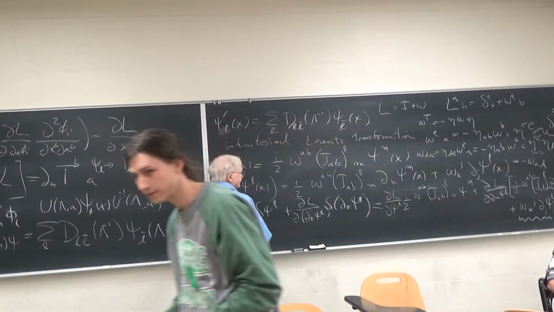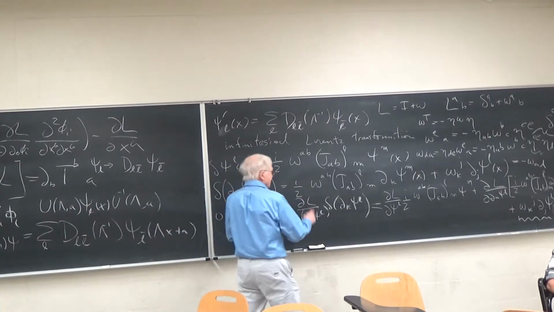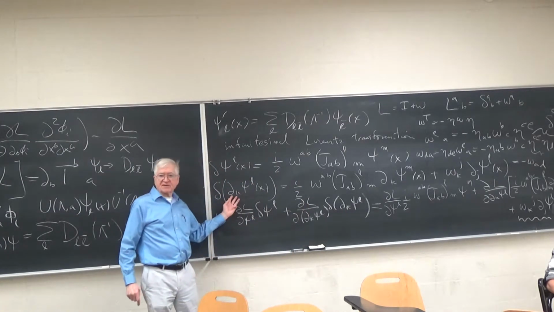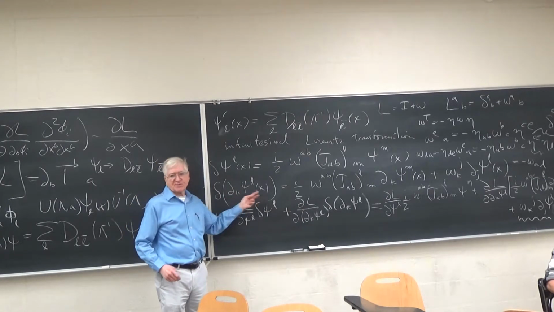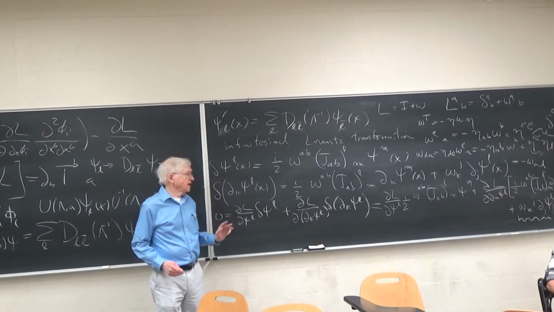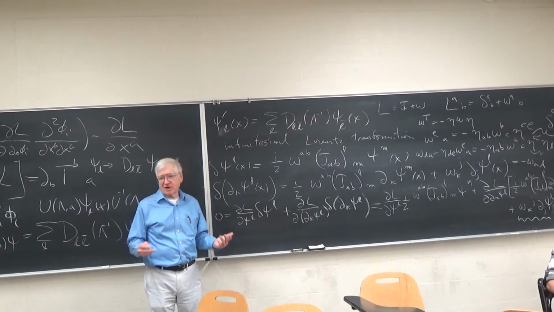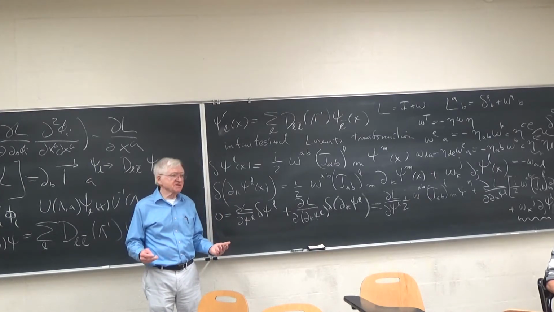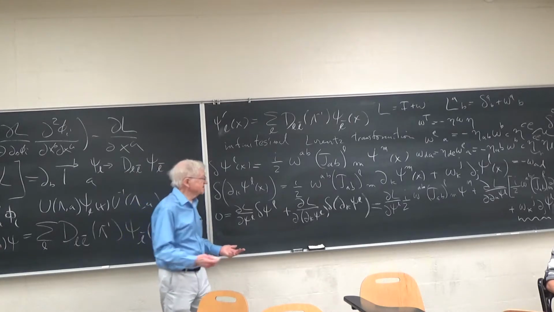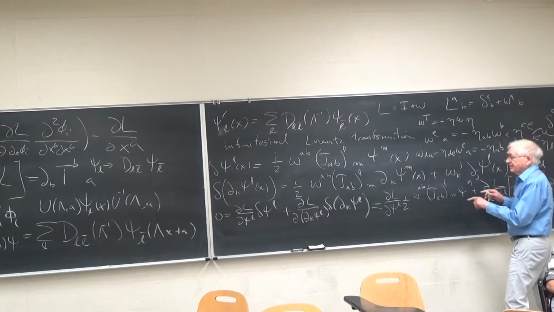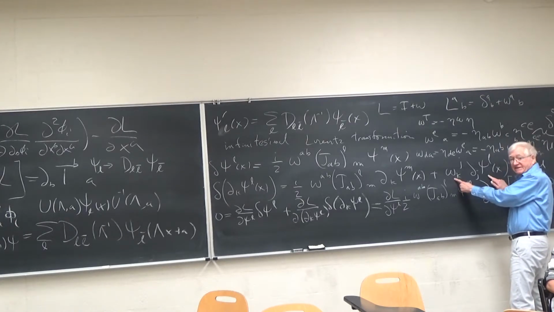Okay, so the first term is ignoring the derivative and just imagining that it's part of the field. But how do derivatives transform under Lorentz transformations? They transform like vector indices, and consequently it's like that.